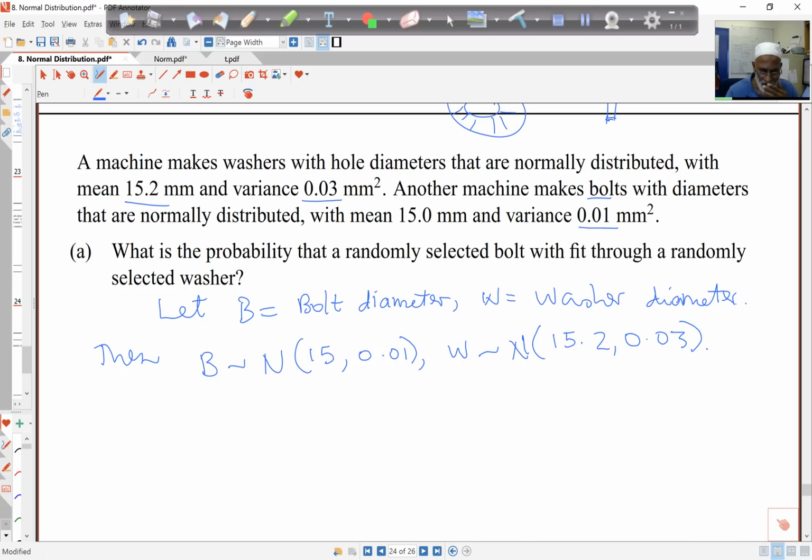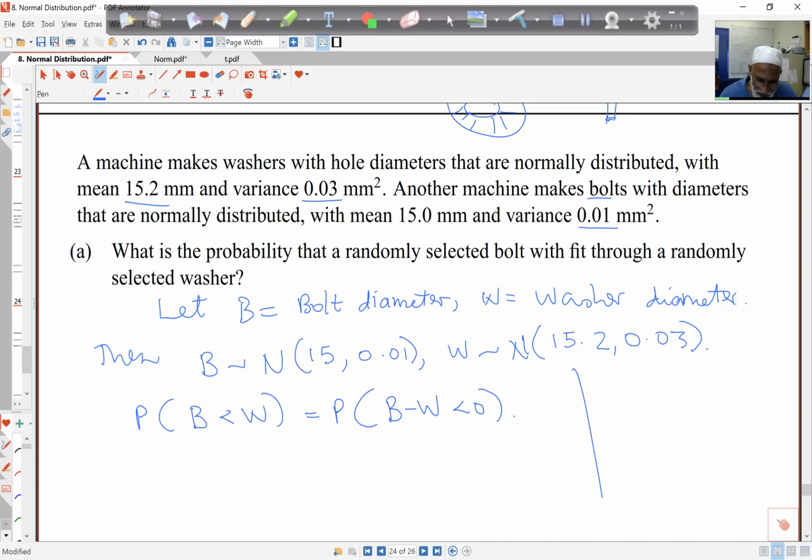If the bolt is to fit through the washer, the diameter of the bolt must be less than the diameter of the washer. So that means I want the probability of B less than W, or B minus W less than 0.